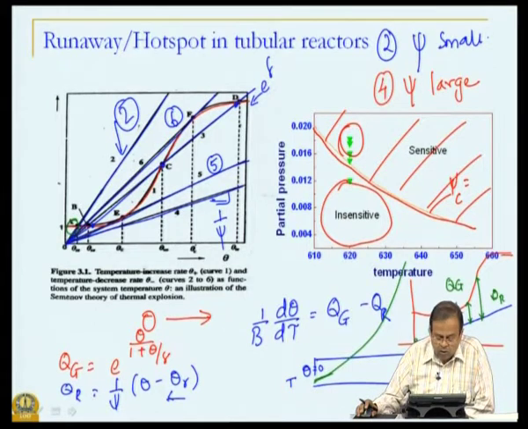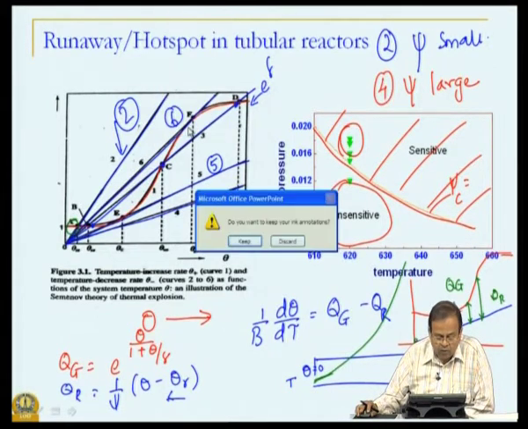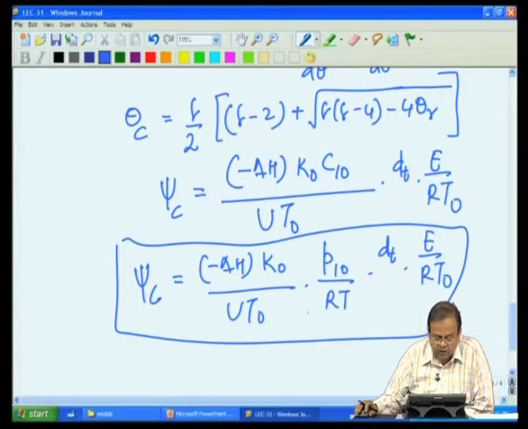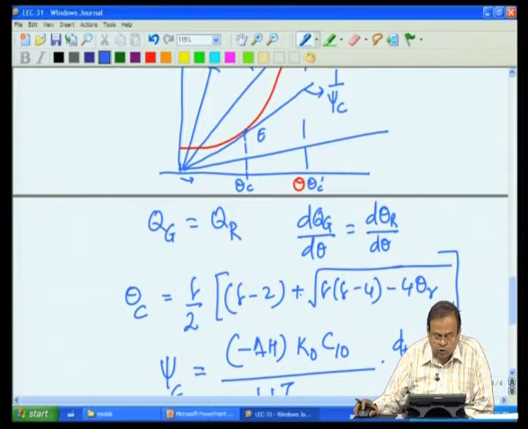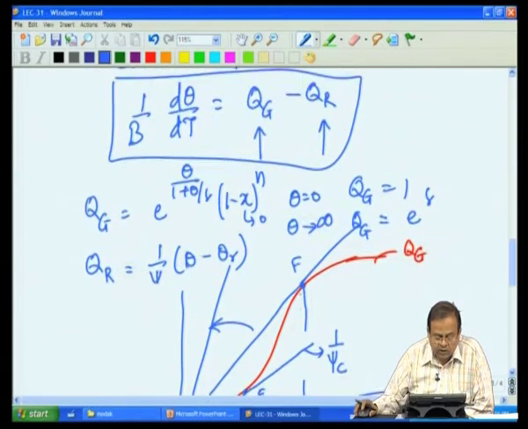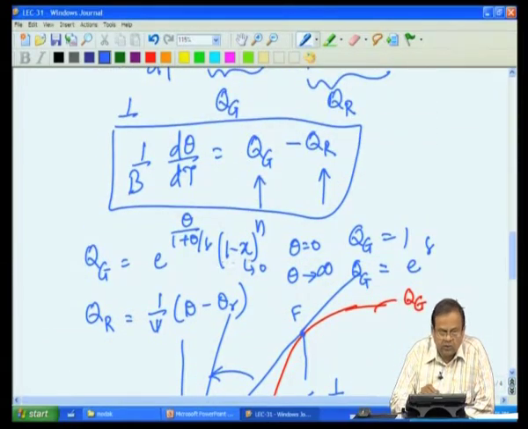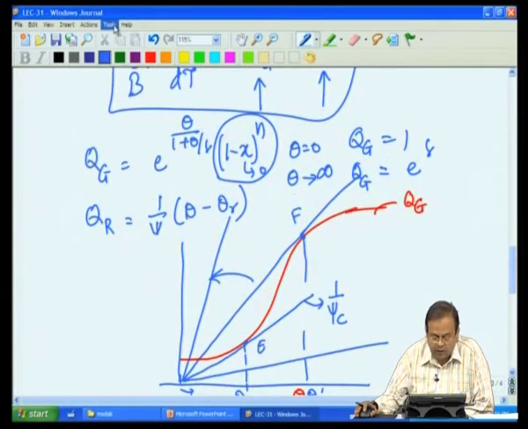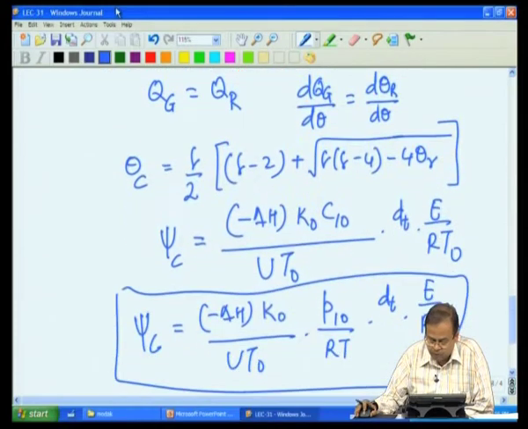Now, going back to our example, we said that we neglected the reaction altogether. So, in plotting this, we said that this term is unity, this particular one. Now, let us just qualitatively try to see what will happen as the reaction proceeds and how we get that hot spot.